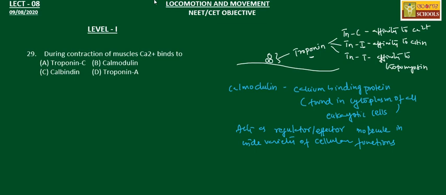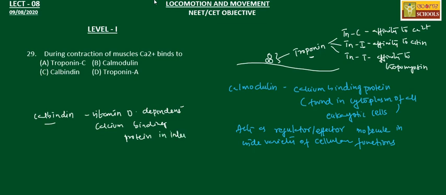Then coming to another one called calbindin. This is a vitamin D dependent calcium binding protein, which you will find in the intestine and kidneys.